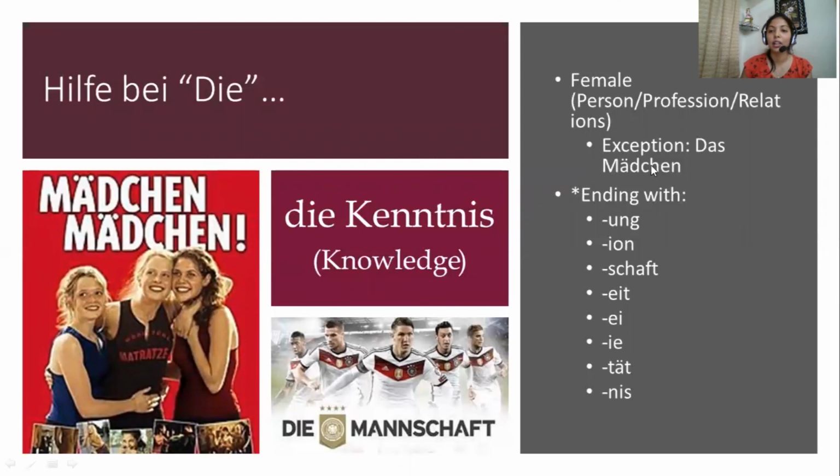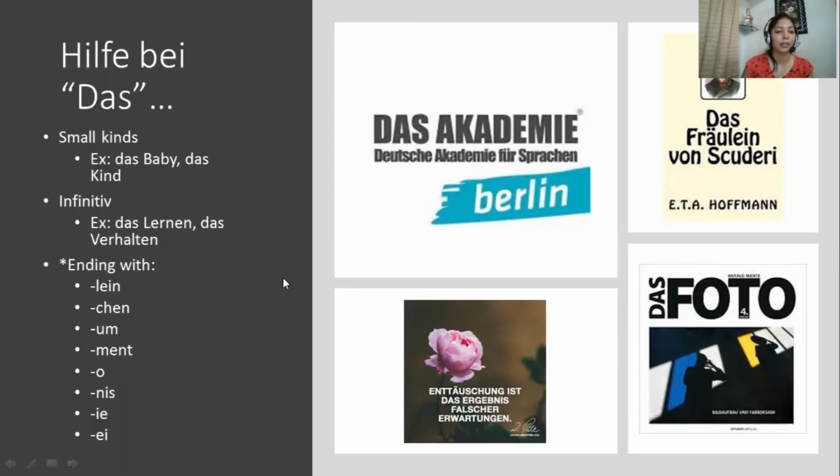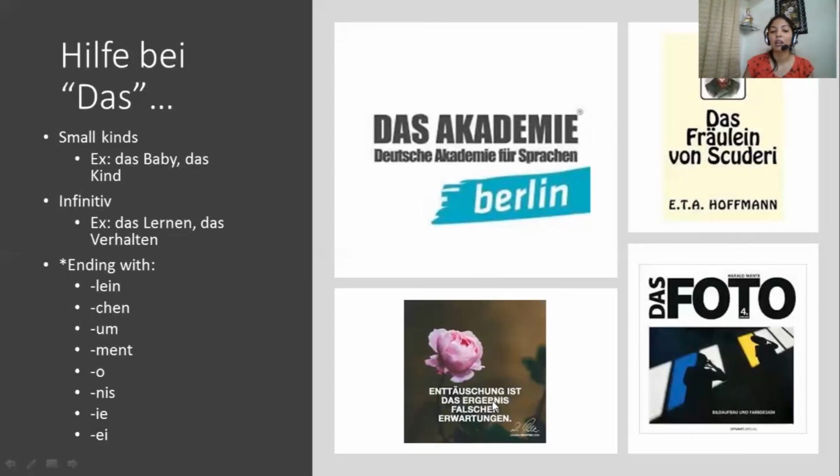Since the ending of the noun is -chen, hence the article is das. So we have a lot more examples here. Ending with -ie, it is das Academy. Das Foto ends with -o. Enttäuschung is das Ergebnis falscher Erwartungen. So here we just have to pick out the word Ergebnis, which ends with -nis, and the article for it is das. So Ergebnis means result.